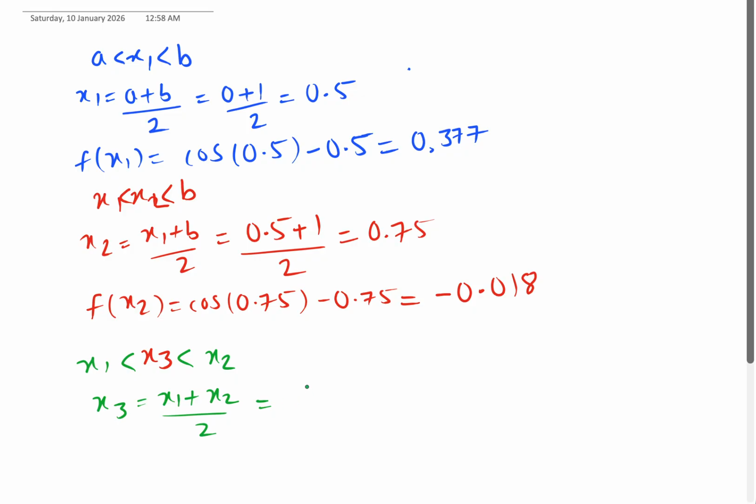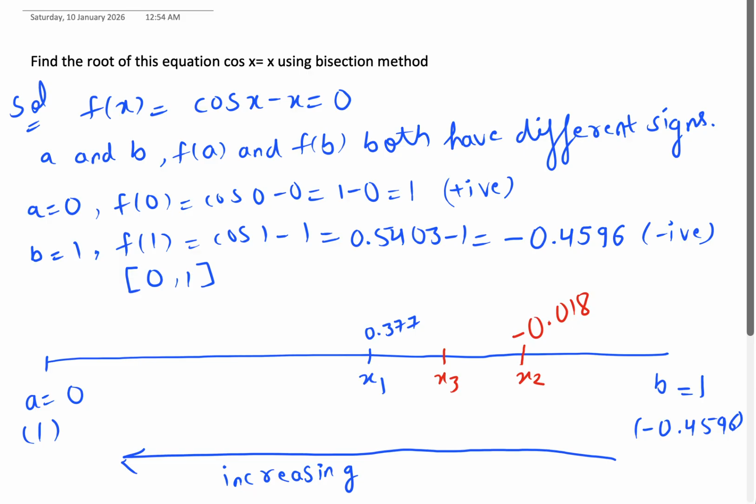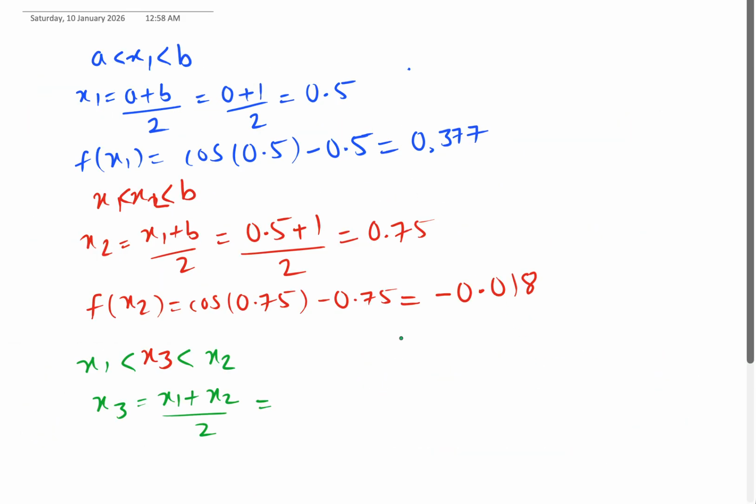What is my x1? I'll re-verify once. Okay, it is between x1 and x2, correct. So x1 is 0.5, x2 is 0.75, upon 2.